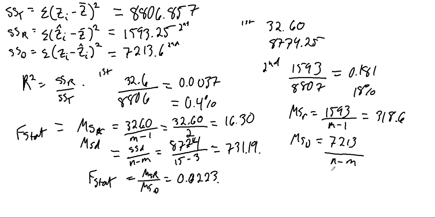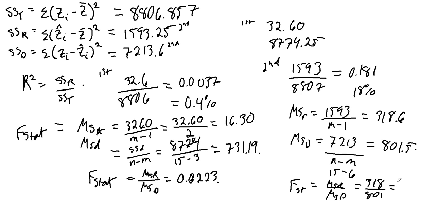This time it's different because we have 15 minus 6 coefficients, so it's going to be 9 on the bottom rather than 12. So in this case, we get an MSD value of 801.5. So my F statistic, I have my MSR over MSD, so that is 318 divided by 801, and that gives me a value of 0.398.